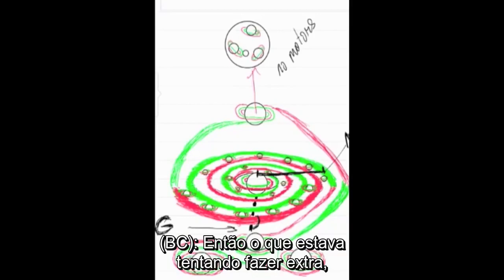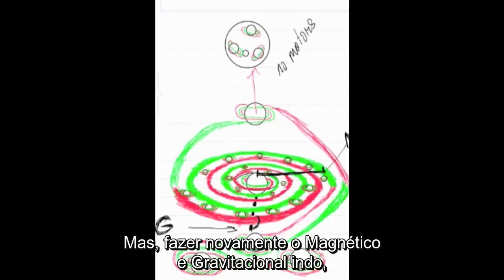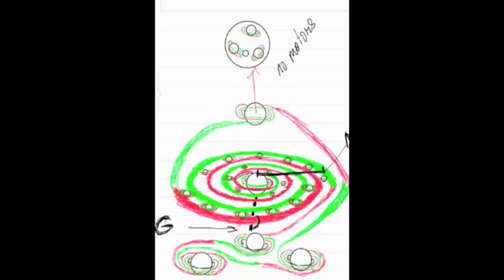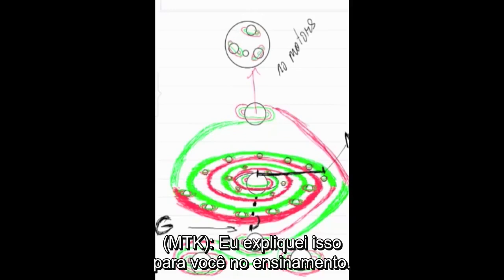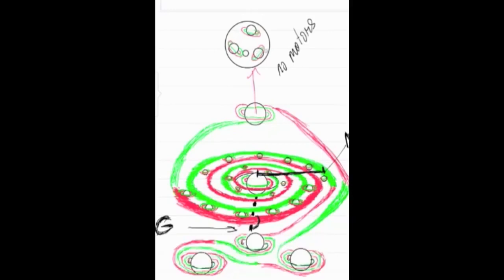What I was trying to do extra, I was thinking not to use motors, but to make again the gravitational and magnetical fields interact by the movement of the plasma. I explained this to you in the teaching, in what I call the private teaching, the class teaching.